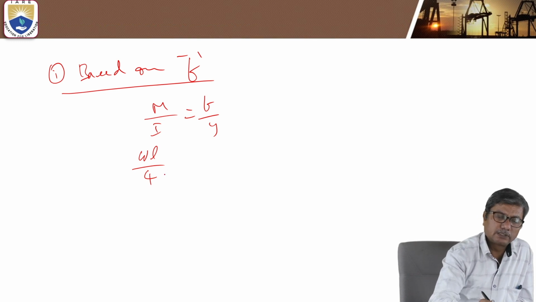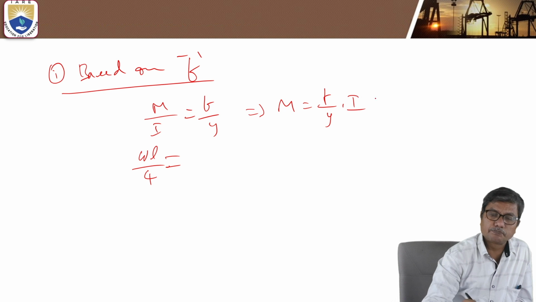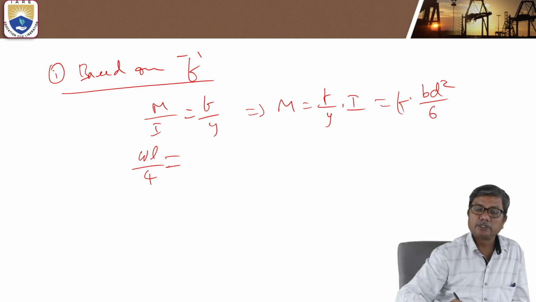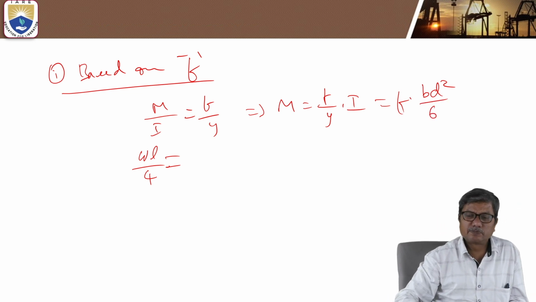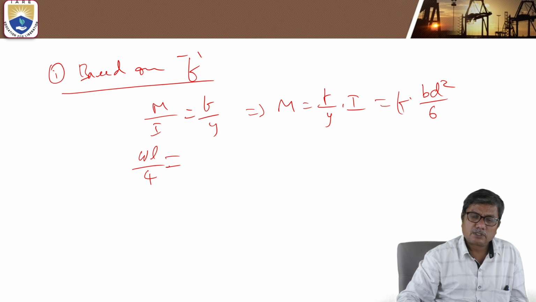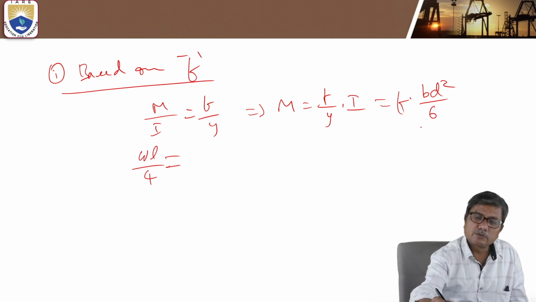So M is equal to F by Y into I, or F into BD square by 6, the section modulus. I by Y maximum, where Y maximum is D by 2. So BD cube by 12 divided by D by 2, that is BD square by 6.